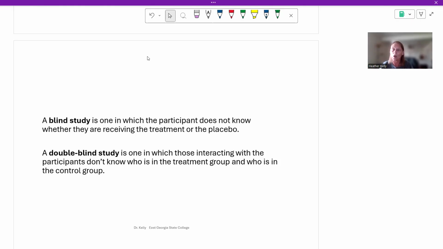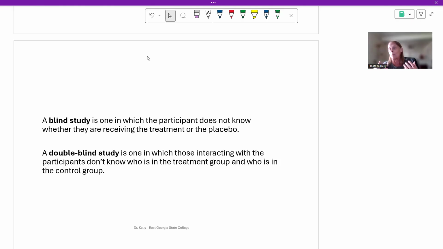That's where not only the participants don't know who's getting the treatment and who's getting the placebo, but even the people conducting and running the study don't know who is getting the placebo and who is getting the drug.